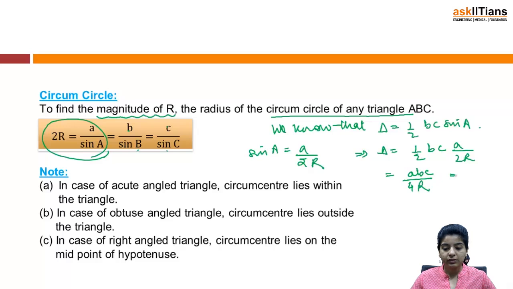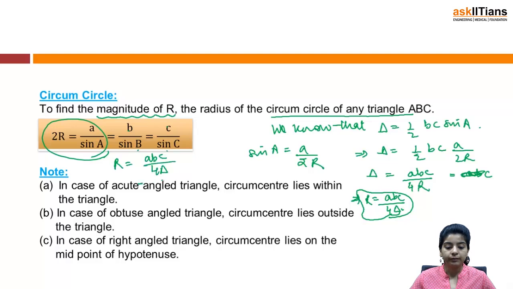So this is what we have obtained, delta is abc by 4R, so this means R is abc by 4 delta, so this is also the value of R. You can also write R in this form, right? It will depend on the question, what information is given to you, what information is expected from you, that which formula you are supposed to use.